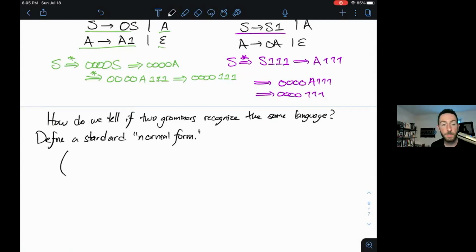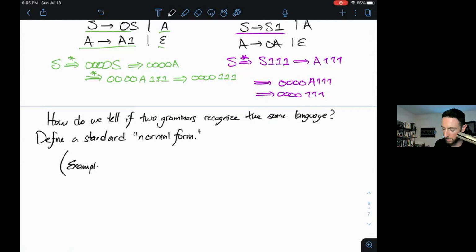So the intuition behind a normal form is simple. You've got some mathematical objects that have the potential to look superficially different, even if they're the same. So you have a procedure or a normal form that you define for all of them, along with a way to reduce the thing down to the normal form.